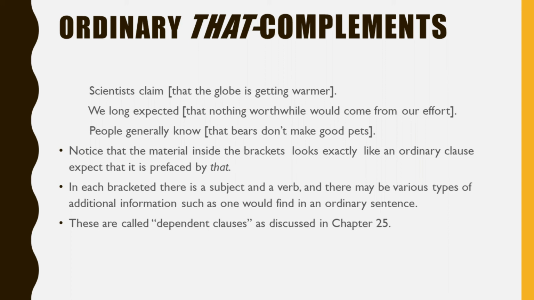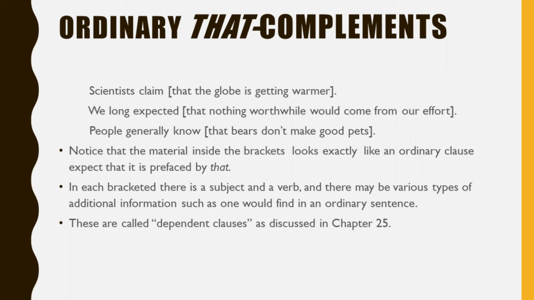In each case, we have a complete sentence. Notice that the material inside the brackets looks exactly like an ordinary clause except that it is prefaced by that. In each bracketed clause, there is a subject and a verb, and there may be various types of additional information, such as one would find in an ordinary sentence. The first auxiliary verb may appear in the present or past tense, or it may be a modal auxiliary.